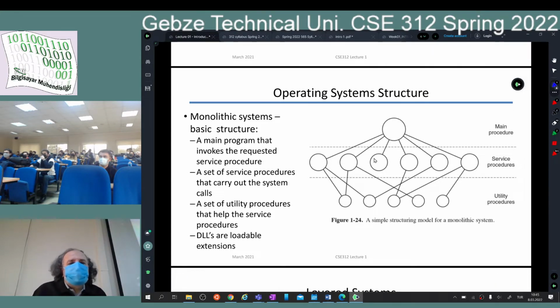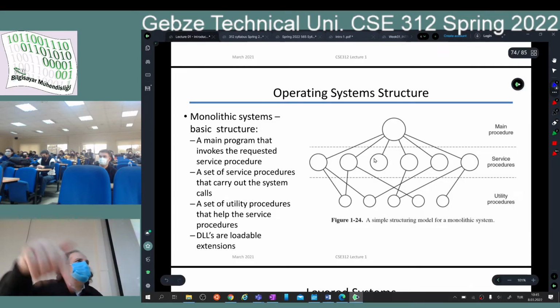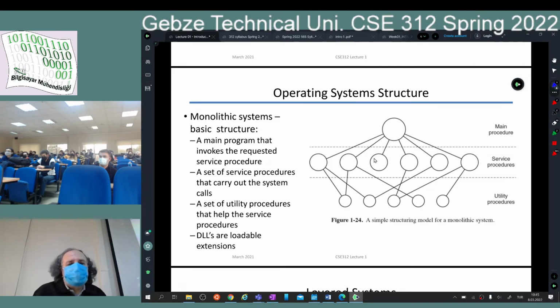There is only one program running, and this program is trying to do everything, including process scheduling, memory virtualization, input-output management, and everything. So there is only one entry point. You make a system call, and the system handles it. So there is only one program. If this program crashes, everything crashes, right? So there is only one process running as the kernel.